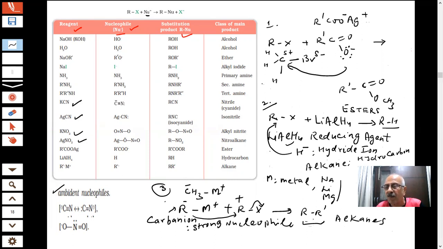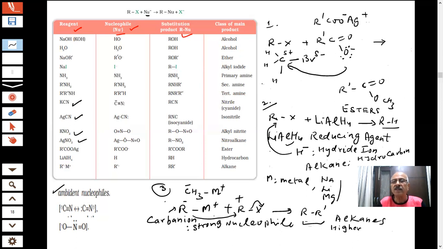The number of carbons has increased starting from the haloalkane. So you can add to the number of carbons by this method. If you want to prepare higher alkanes which contain more carbons than RX, then I can apply this method.